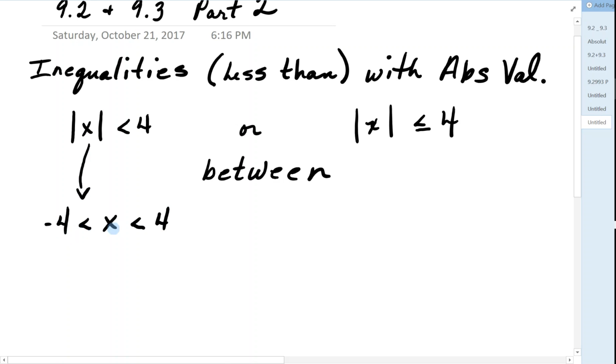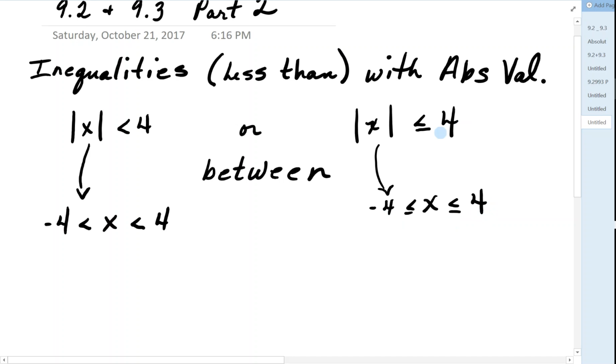Negative 4 is going to be less than x, and x is going to be less than 4. If instead it is less than or equal to, you're going to have negative 4 less than or equal to x, which is less than or equal to positive 4. I call these notations the between notations. You get less than symbols on both, and you're going from the negative to the positive of whatever the constant is.